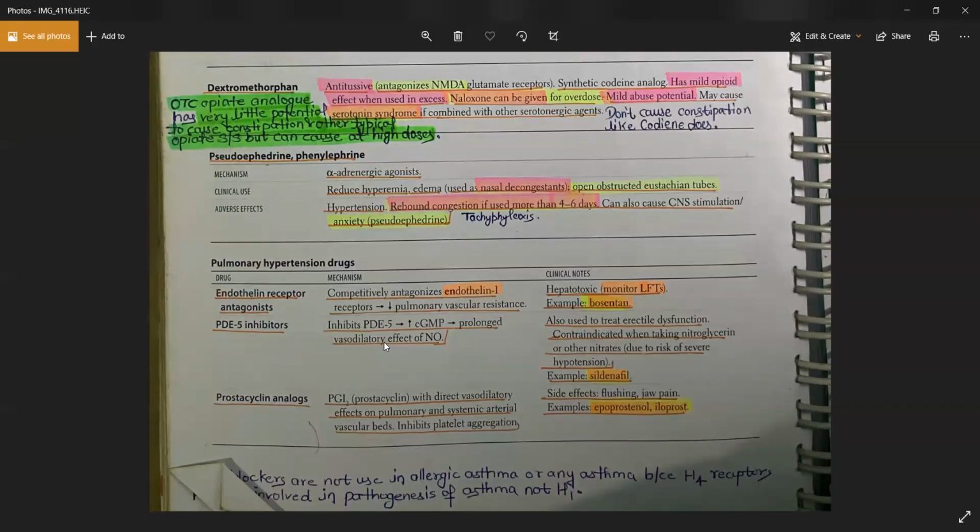I think there's one more concept here. Remember the drug ephedrine? What does this drug do?